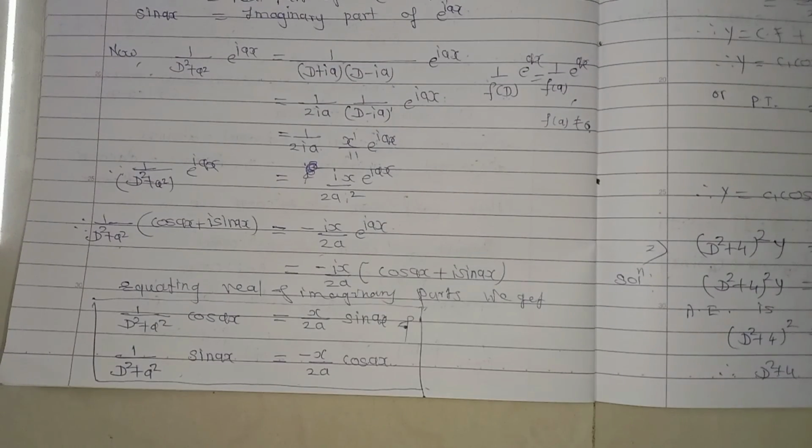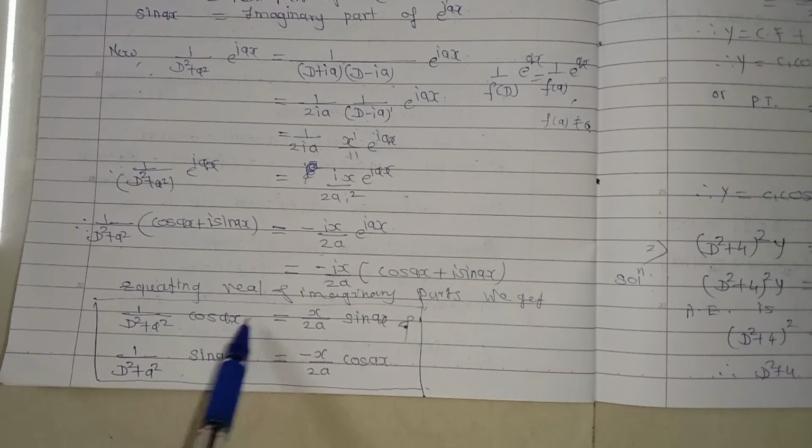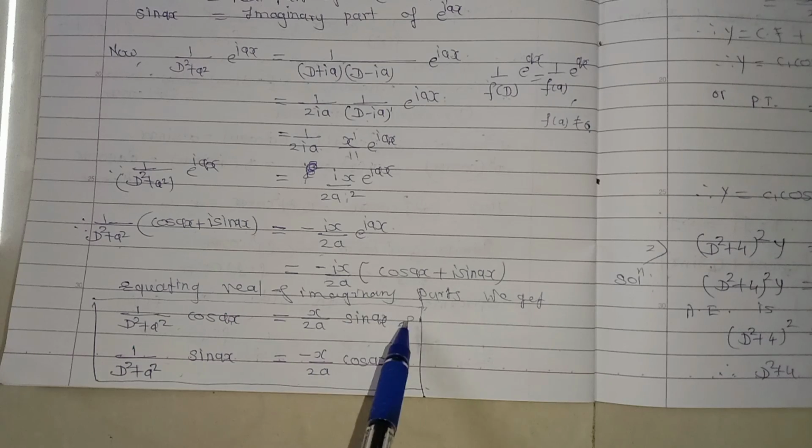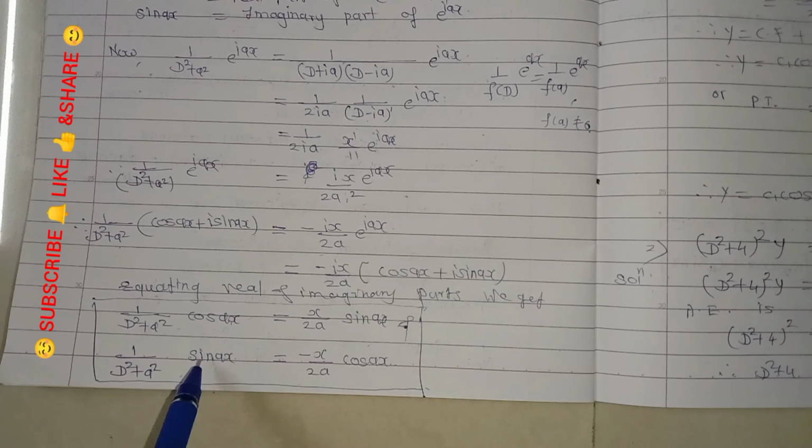That is, when the operating function is cos, we get x upon 2a sin of ax, and when the operating function is sin of ax for 1 upon D square plus a square, we get the result minus x upon 2a cos of ax. Thank you.